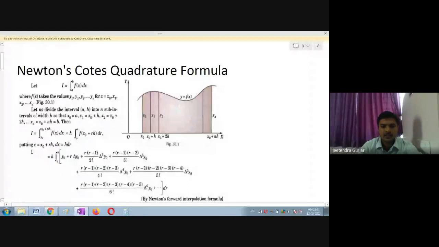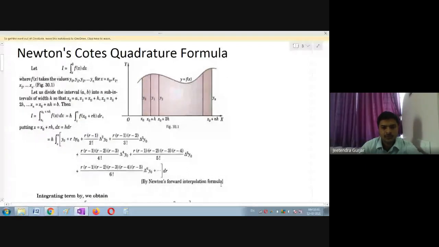We are not interested in the derivation here. By using Newton's forward interpolation formula, you have seen the interpolation formula, you are going to take the differences, right? You use the finite differences for y0, y1, y2 till yn. You will get this equation, that is, I equals h times the integral from 0 to n, since we have taken n intervals, and this equation we get is known as Newton's forward interpolation formula.